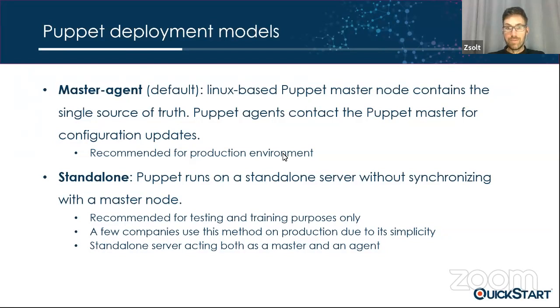So you can set up what kind of configurations to execute on which node in case you have servers for different purposes. So in case of a master agent, there is a strict protocol which describes the communication between the master and the agents. And this is what we are going to learn relatively soon.